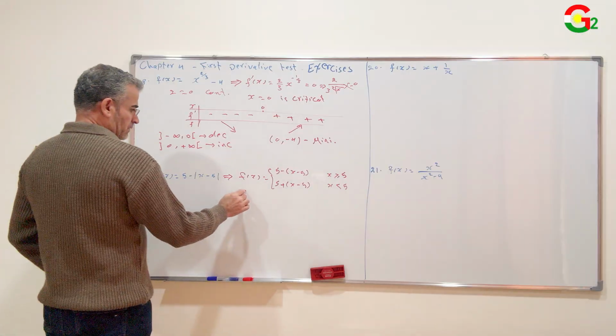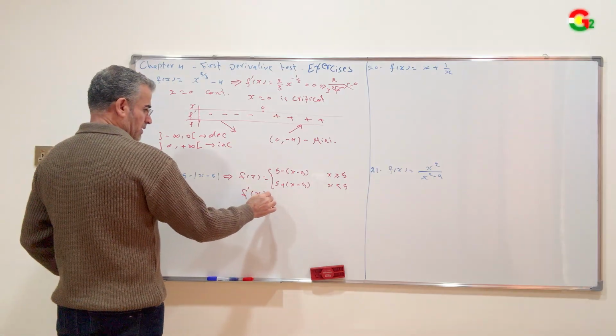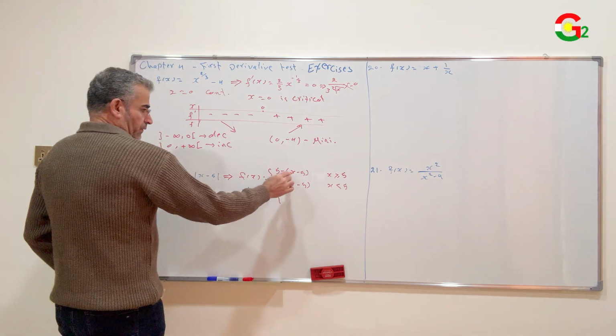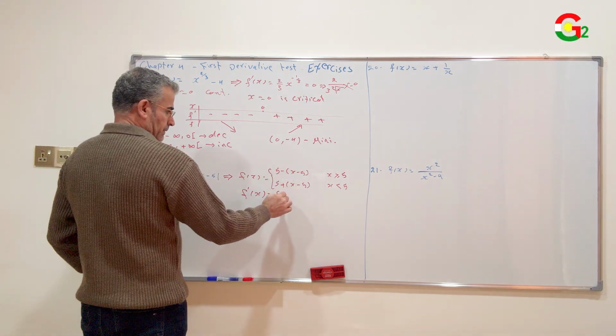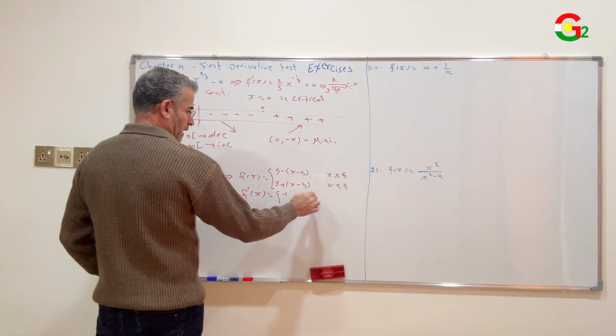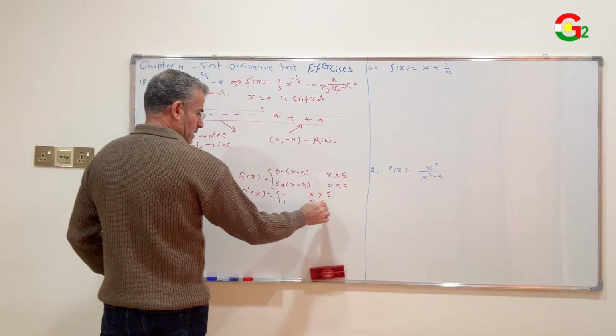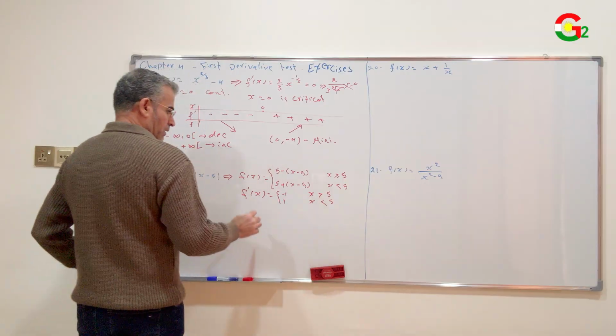Now differentiate this function. f prime of x equals negative 1 when x is greater than 5, and 1 when x is less than 5.